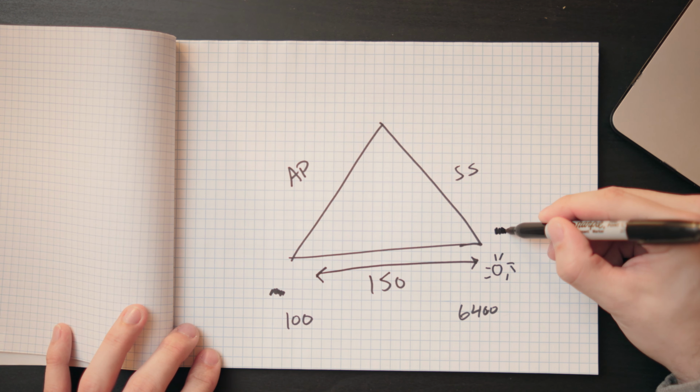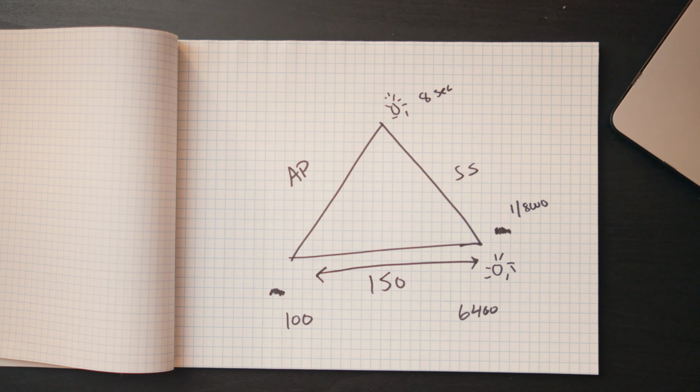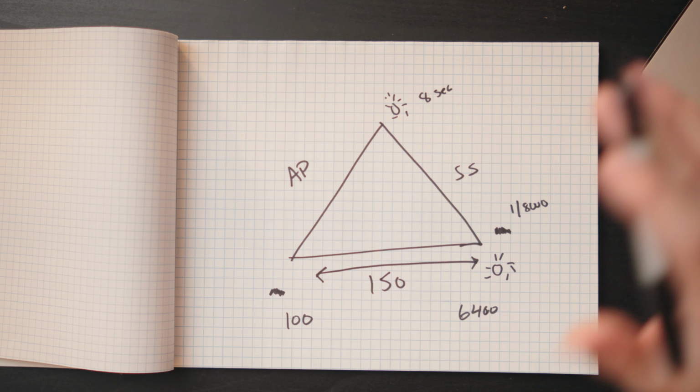Up at our bright end, let's say we had something like 8 seconds, like a landscape photographer leaving the shutter open for a long period of time, bringing in a lot of light. They have to control the scene, but also it'll slow the motion down, which will of course look great in landscape photography. And everything in between falls in line there as well. And obviously there's stuff outside of these ranges. Every camera is different, so remember that.